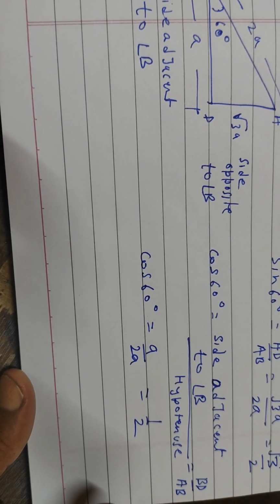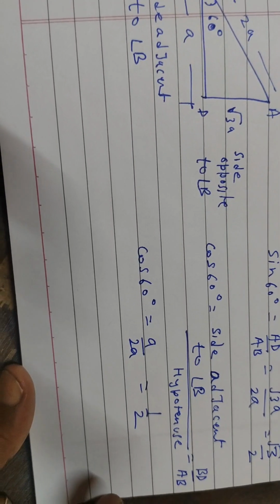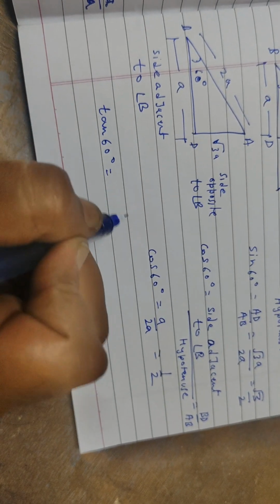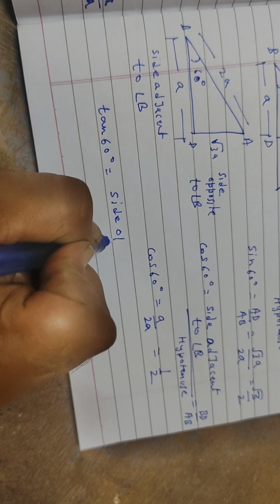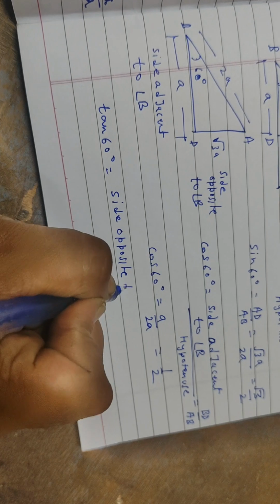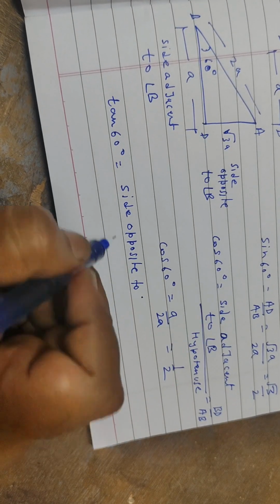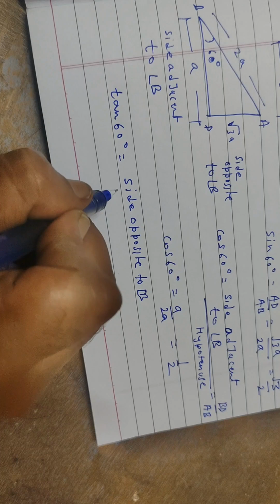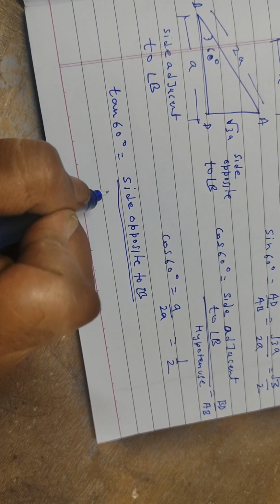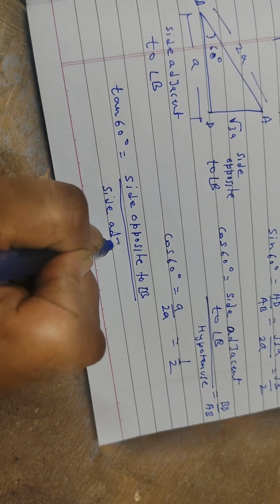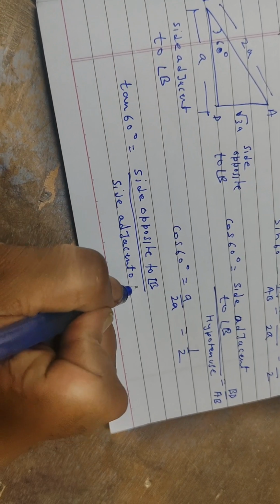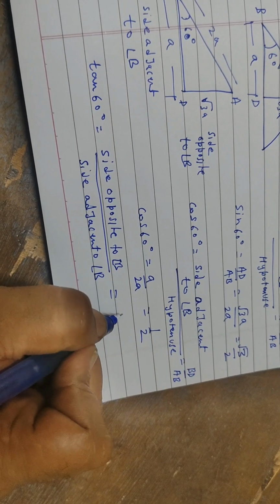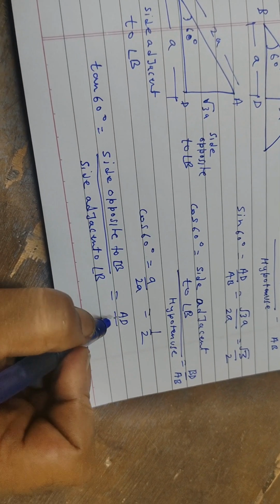Here cos 60 is 1 by 2 and tan 60 degree is side opposite to angle B over side adjacent to angle B, which is equal to AD over BD.